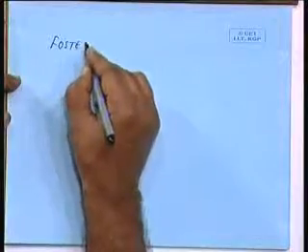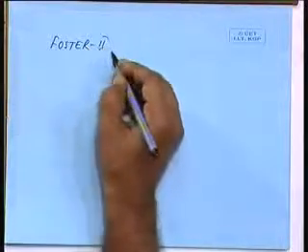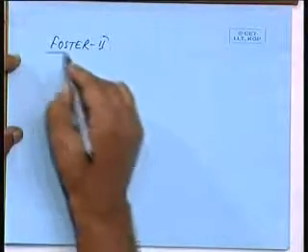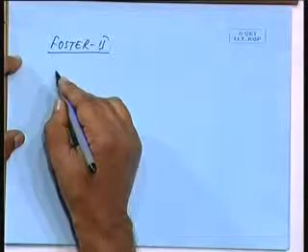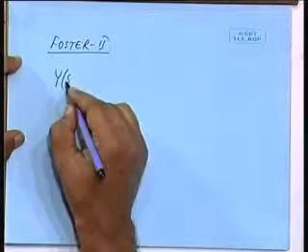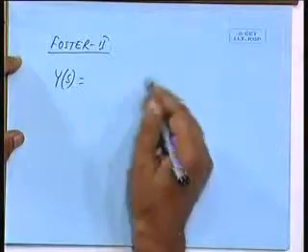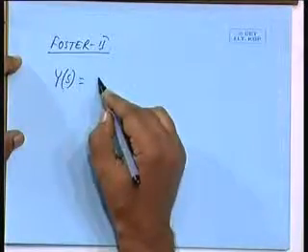Okay, good morning. Last time we were discussing Foster 2 realization of network functions. Suppose you are given Zs and you have obtained Ys.